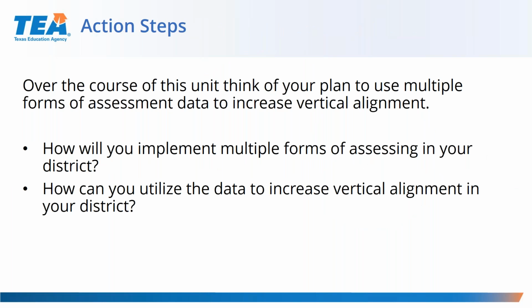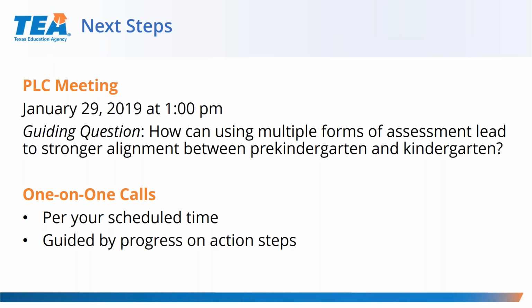So, over the course of this unit, we really want you to think about the following two questions. How will you implement multiple forms of assessing in your district? And how can you utilize the data to increase vertical alignment in your district? So we'll jump more into these questions on our PLC and our one-on-one phone calls.